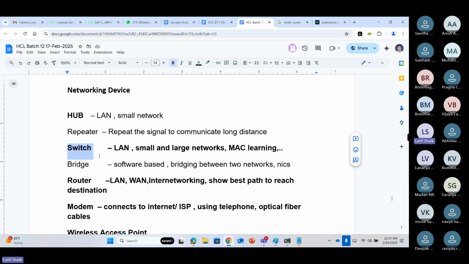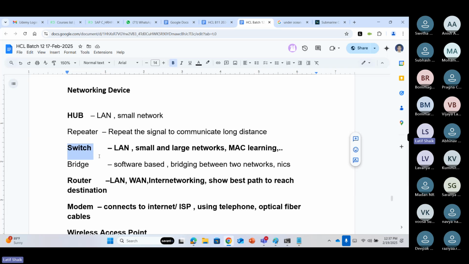Next is the router. What is this router? A router is used in both LAN and WAN communication. A router is an inter-networking device, meaning it makes communication between different networks.